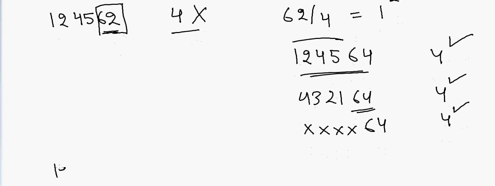So 124562. Is this number divisible by 5? No, because for it to be divisible by 5, the last digit should be either 5 or 0.